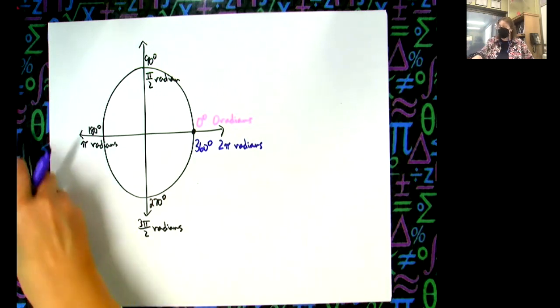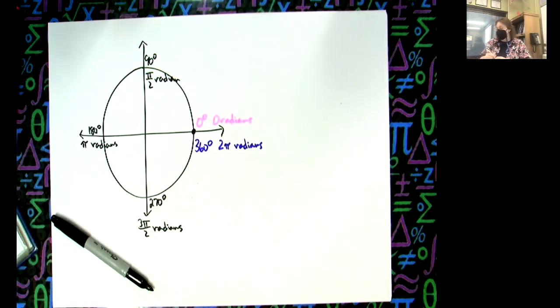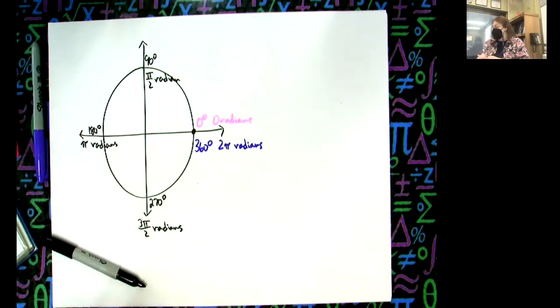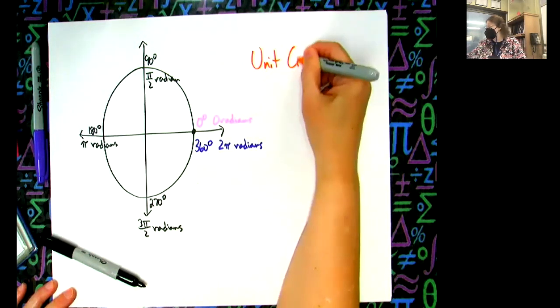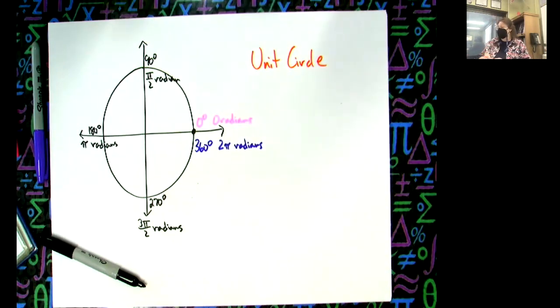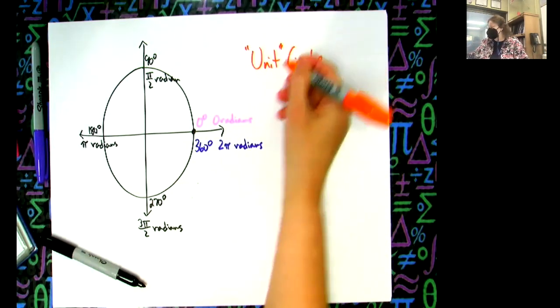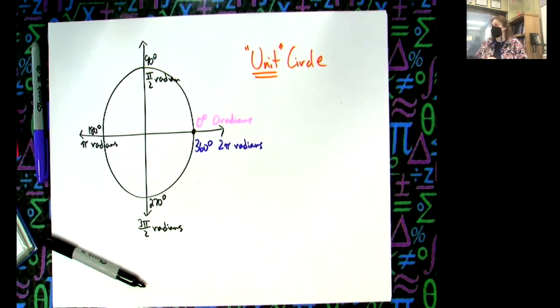So I'm going to give you a little preemptive part of tomorrow. If I start setting this up as a unit circle, this is kind of what you're going to have tomorrow.